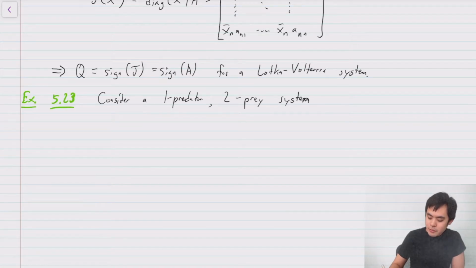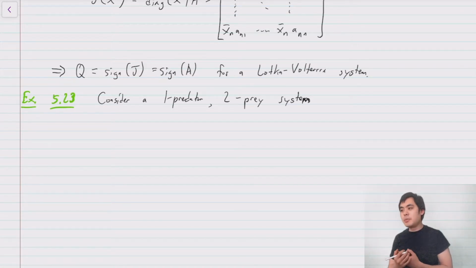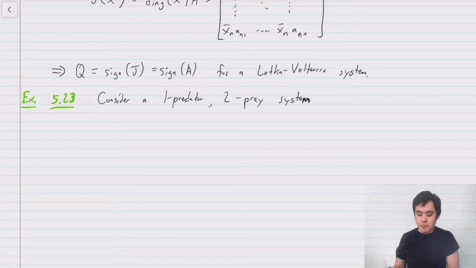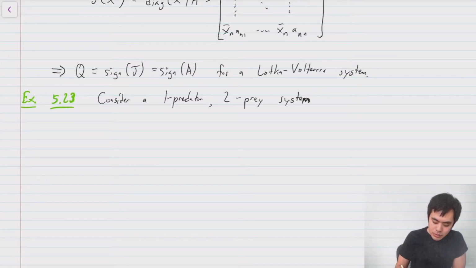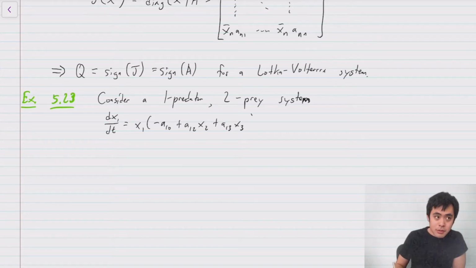So maybe you have a species of wolves that's eating both deer and sheep, let's say. And we can write the system as dx1/dt is equal to x1 times (a10 plus a12 x2 plus a13 x3), dx2/dt is equal to x2 times (a20 minus a21 x1), dx3/dt is equal to x3 times (a30 minus a31 x1 minus x3).